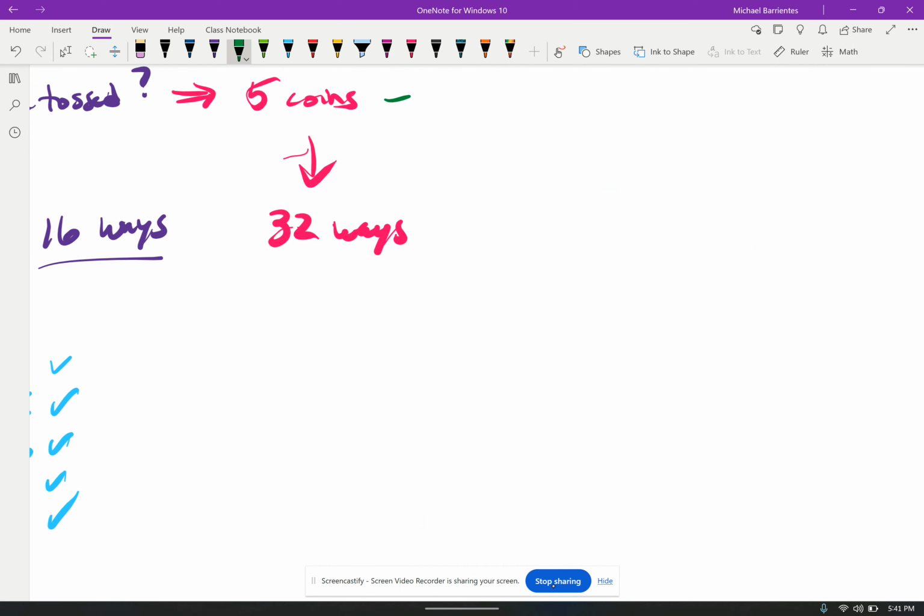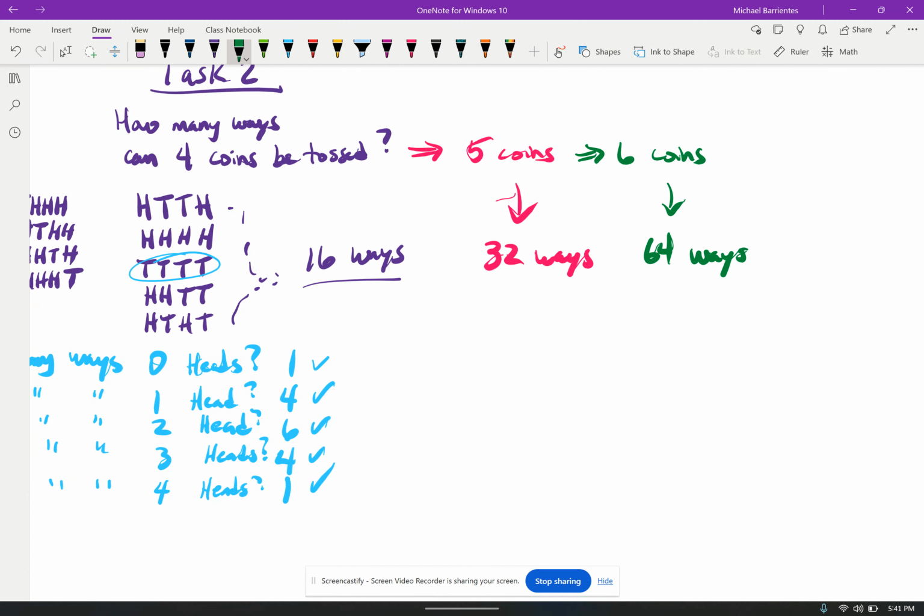If there were 6 coins, there would be 64 ways to lay that out. As you look at this, every coin that I add to my flipping experiment, the number of ways to write them out increases by a factor of 2. I multiply by 2, and that's how many different ways.